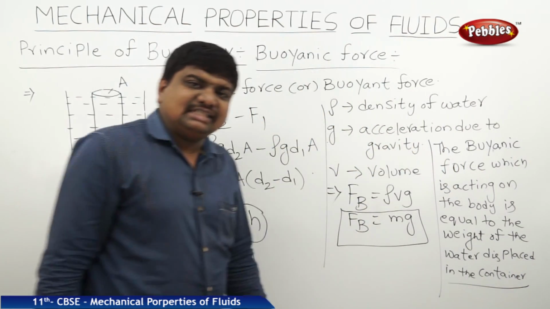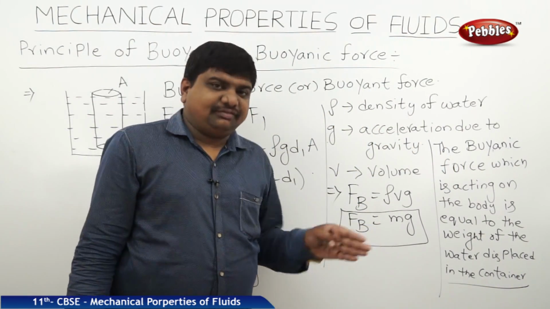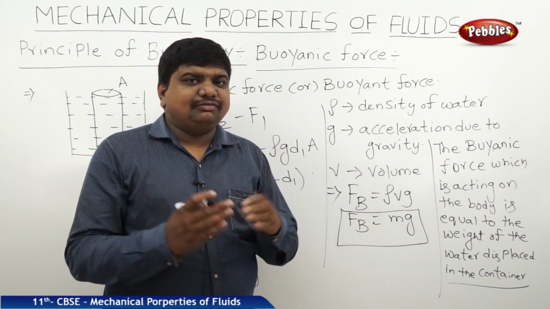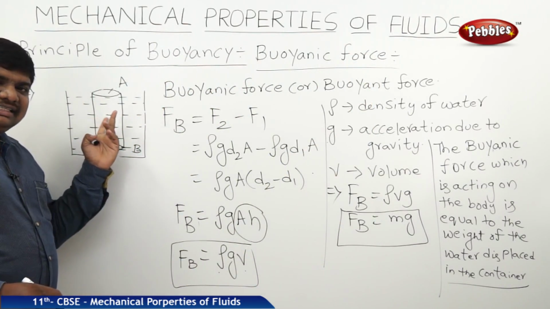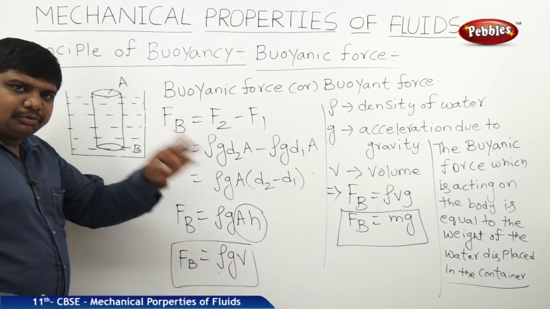So the buoyant force is equal to the weight of the body. The weight of the body and the buoyant force both should be balanced. Then only we can expect the density or non-density of the bodies.